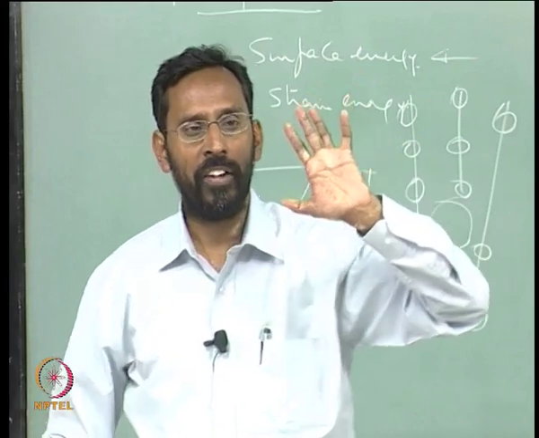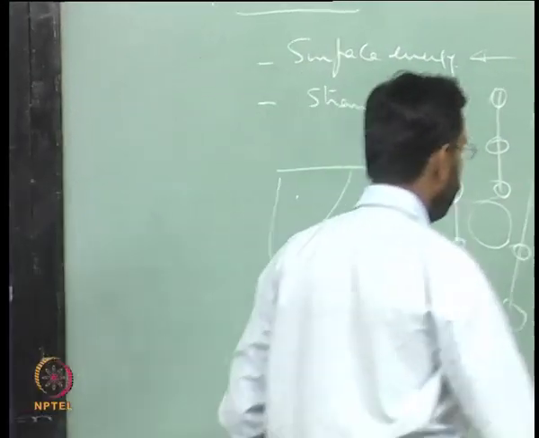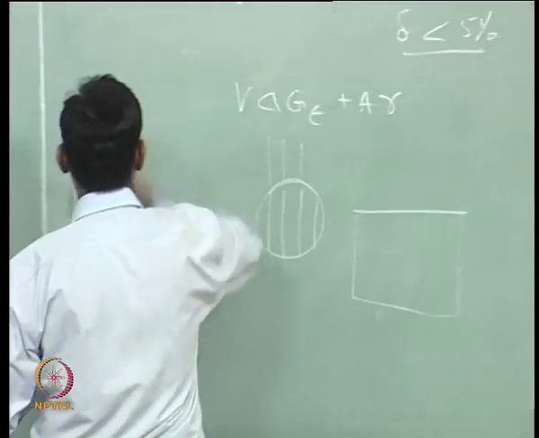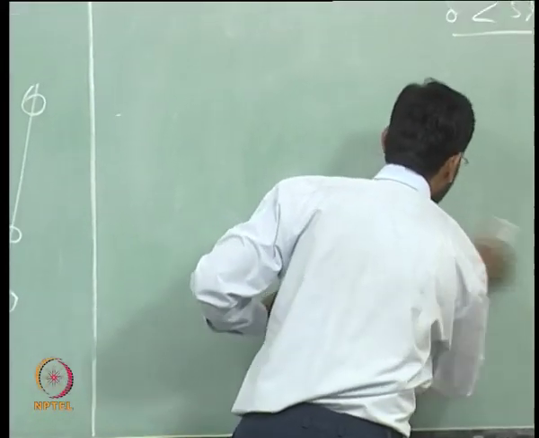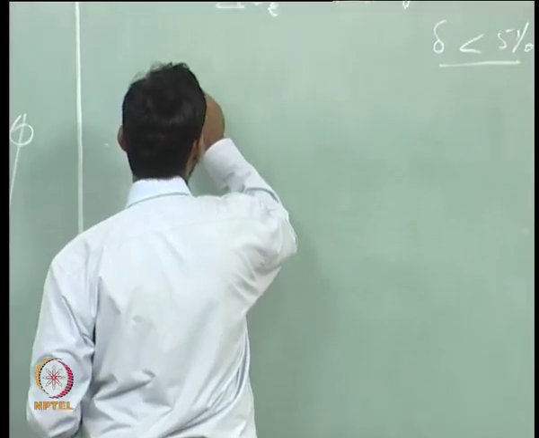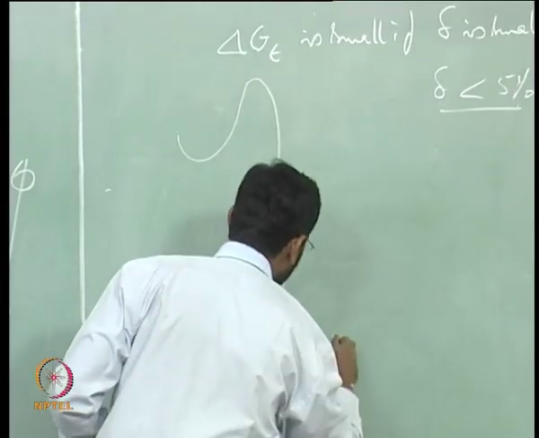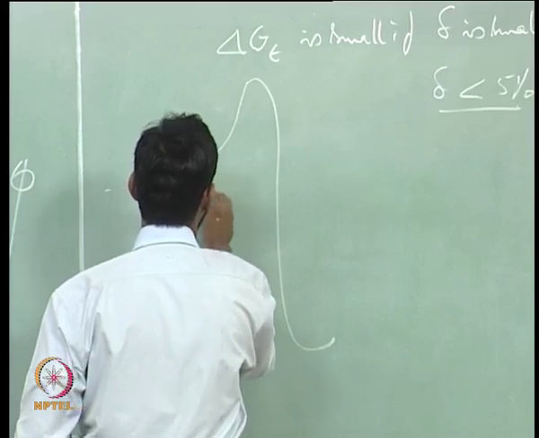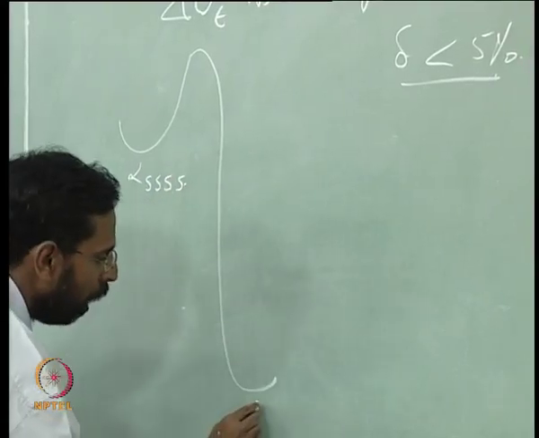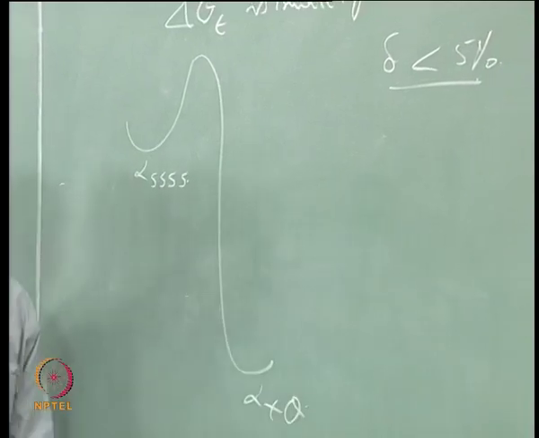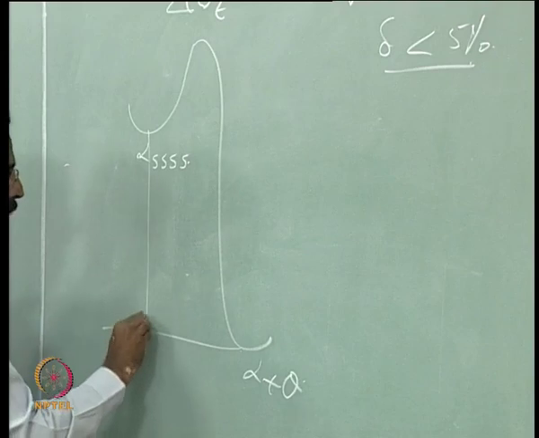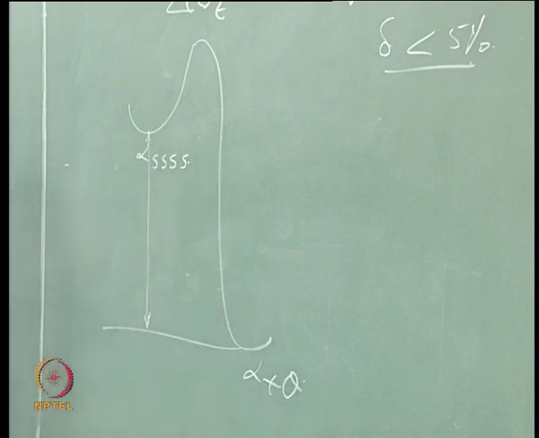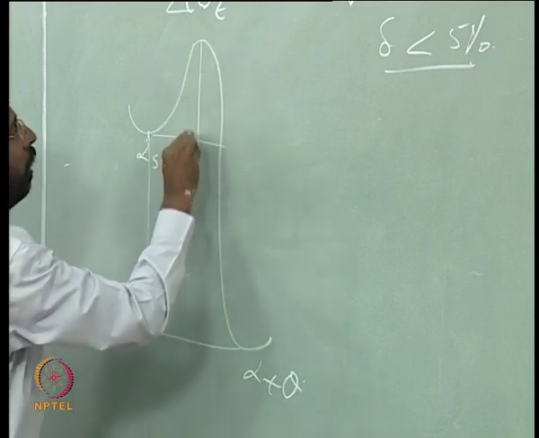We are talking of a starting, and we have only come to an intermediate stage. Why intermediate stage? Because if you start with a supersaturated solid solution, for it to give you alpha plus theta, though there is a large driving force, the activation barrier is also large.